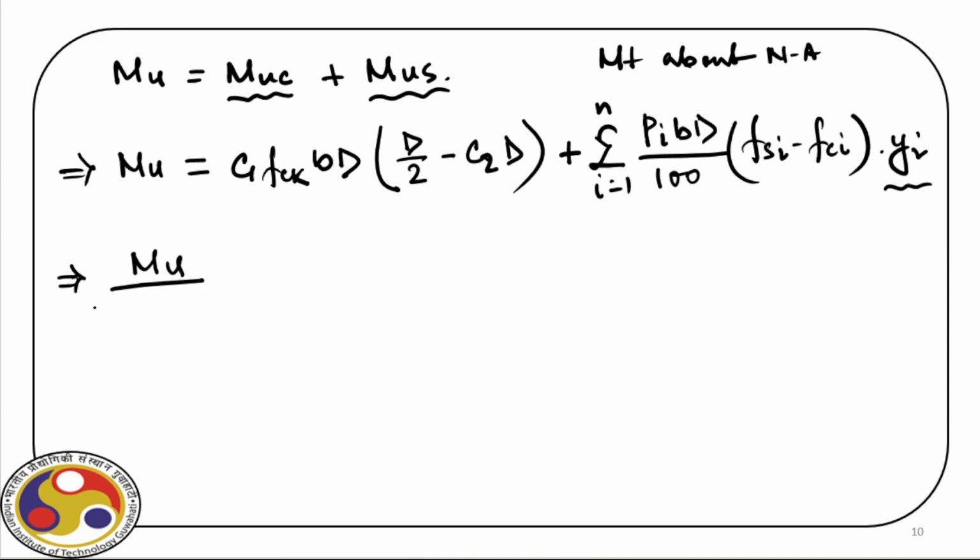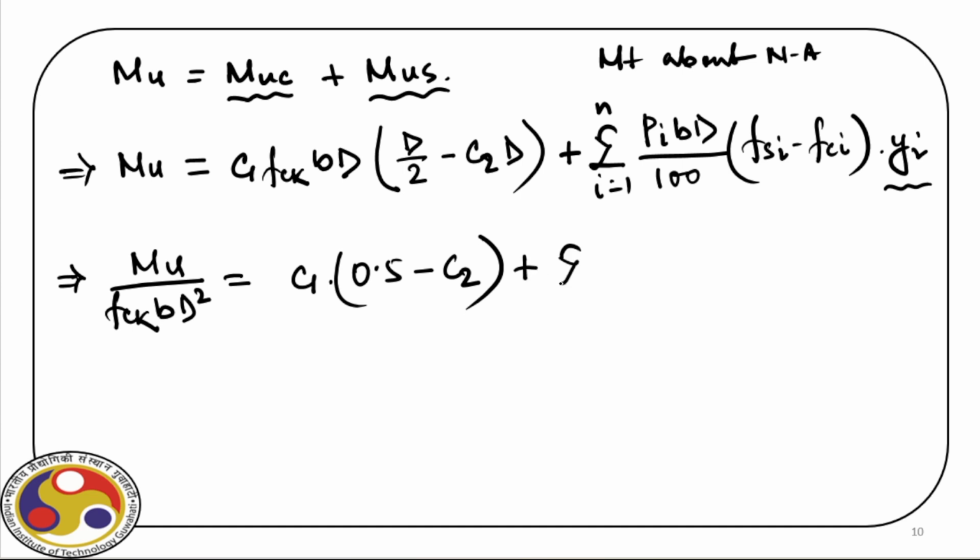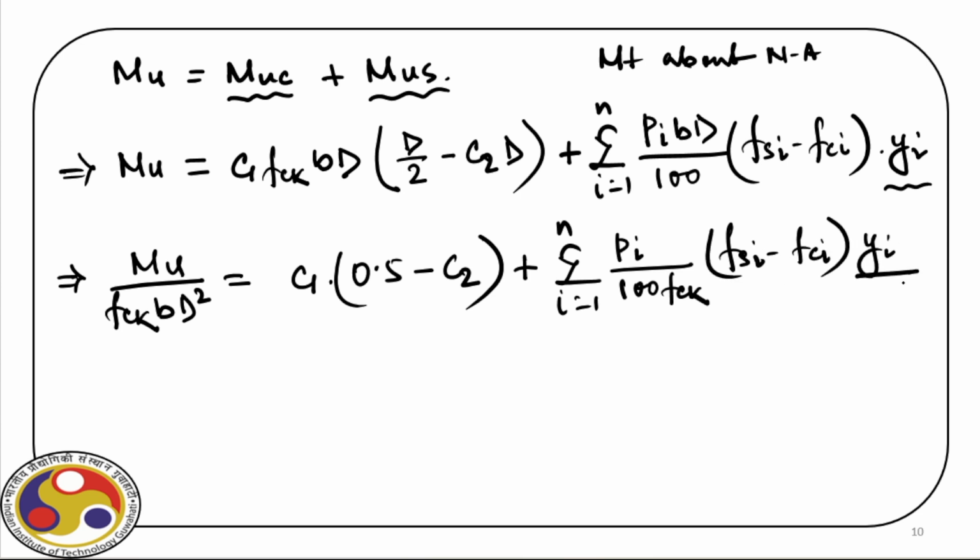So we have Mu by fck BD square is equal to C1 times (0.5 minus C2), plus the summation from i equal to 1 to n of Pi divided by 100 times fck, times (fsi minus fci) times Yi by D. So that completes the derivation.